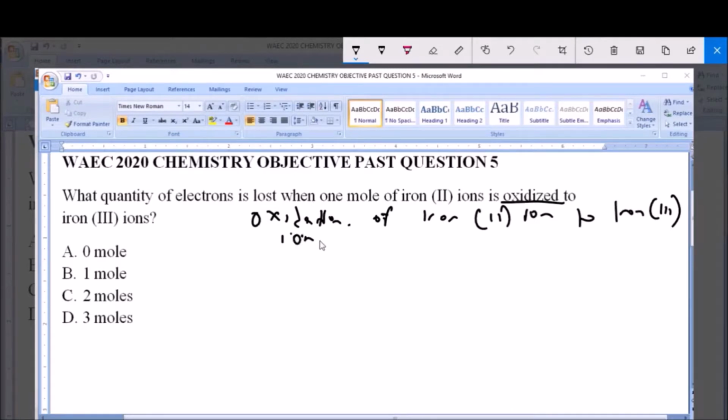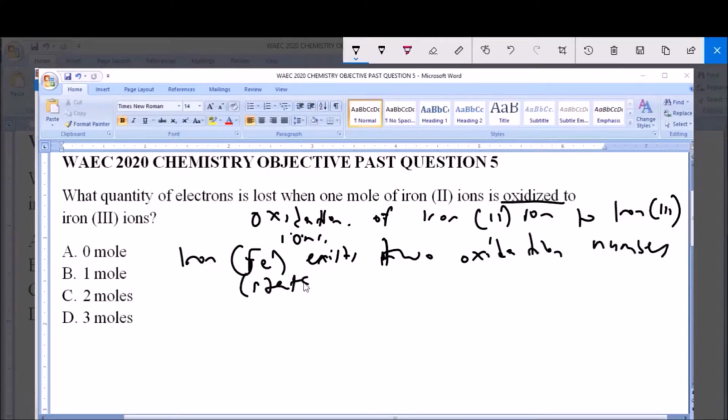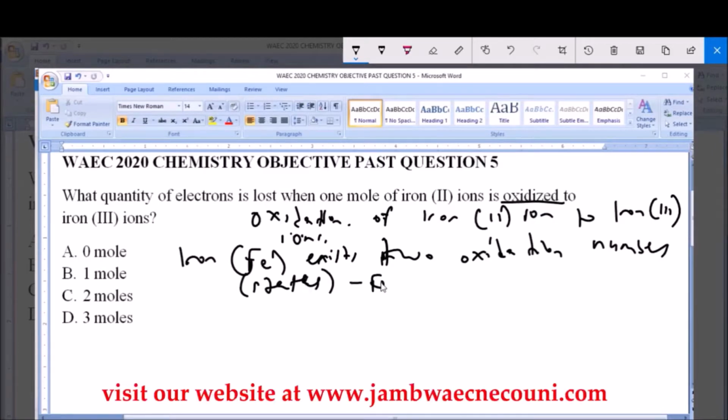Now, iron exists in or exhibits two oxidation numbers or states. Iron can lose electrons in two ways to exhibit two different oxidation states.